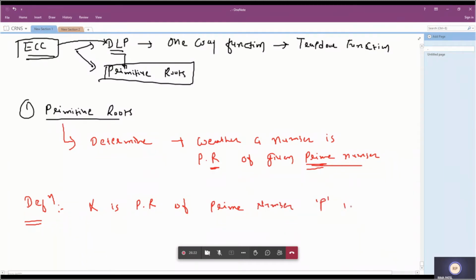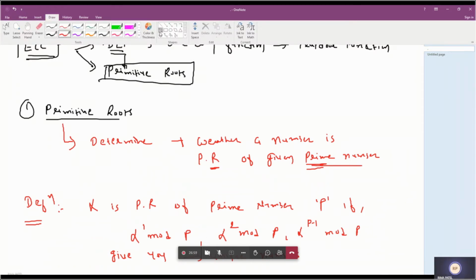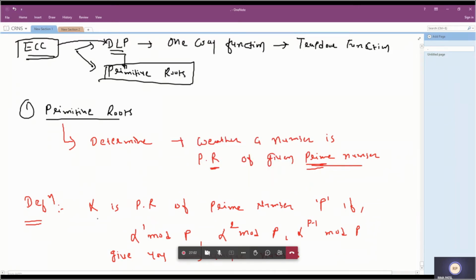If alpha raised to 1 mod p, alpha raised to 2 mod p, up to alpha raised to p minus 1 mod p will give you unique numbers, then alpha is a primitive root of the prime number p.